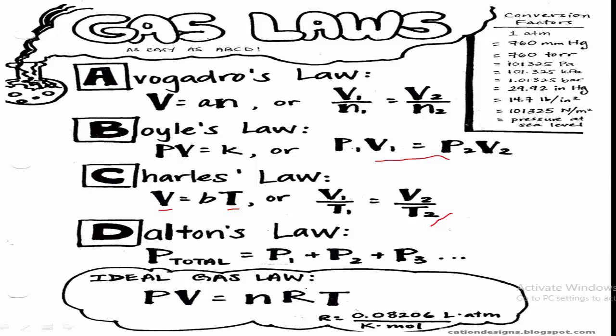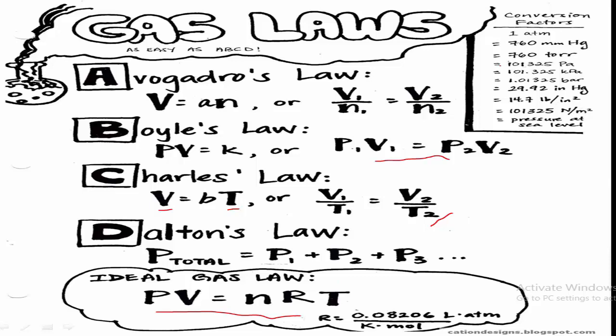Then the ideal gas law: a gas which obeys Boyle's law, Charles' law and Avogadro's law is said to be an ideal gas, and it is given as PV equals nRT, where P is pressure, V is volume, n is number of moles, R is the universal gas constant, and its value is 0.08206 or 0.0821 liter atmosphere per Kelvin per mole, and T is temperature.